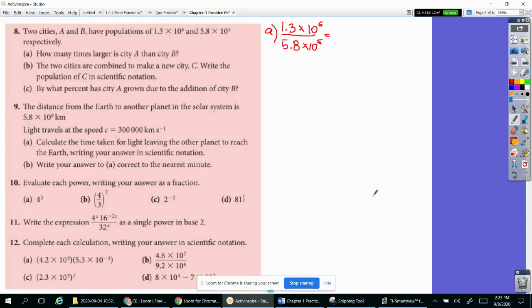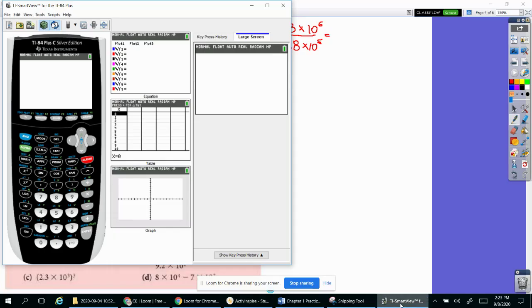Simply, you can just use your graphing calculator and type this in.